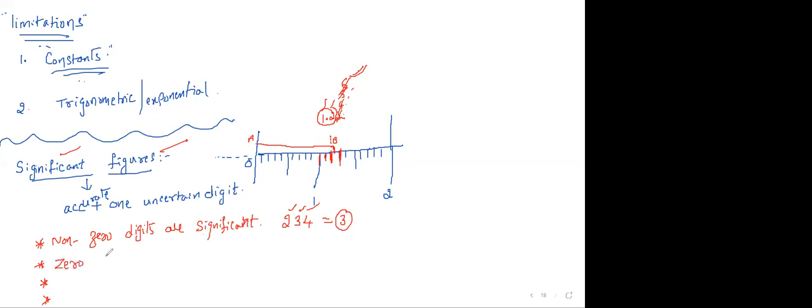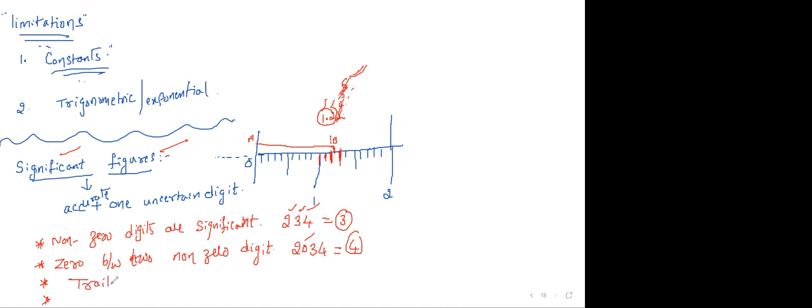If you get a 0 between two non-zero digits, it is also significant. I mean to say that 2034. What is the number of significant digits? 4. Very good. You have to consider the 0 as significant.